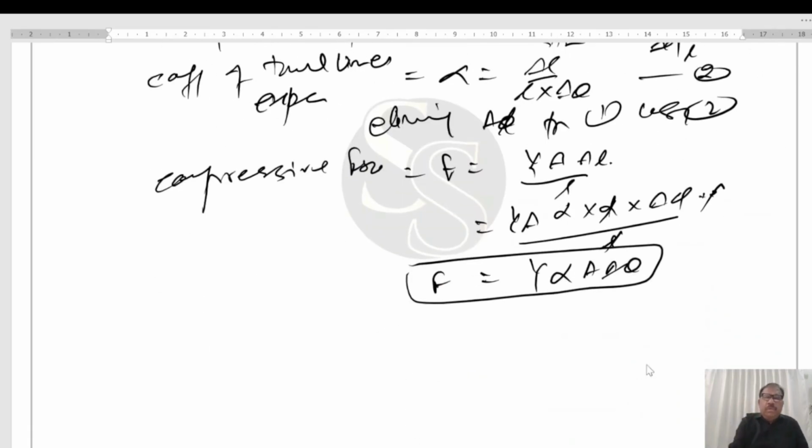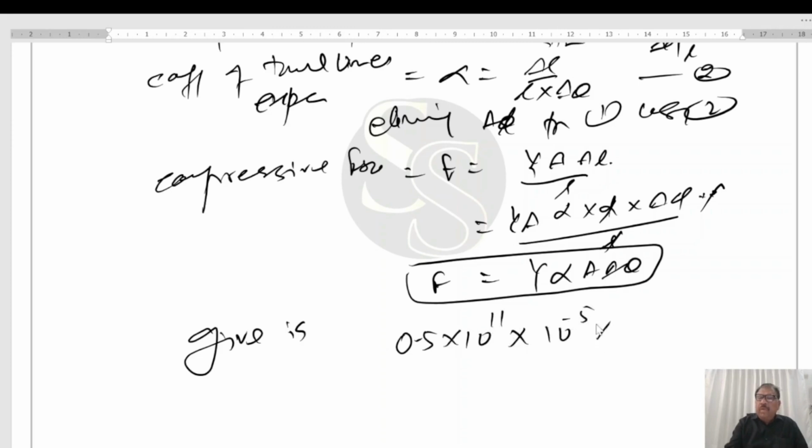In this case, Y is given as 0.5 into 10^11, alpha is 10^-5, A is 10^-3, delta theta is 100, that is 10^2.